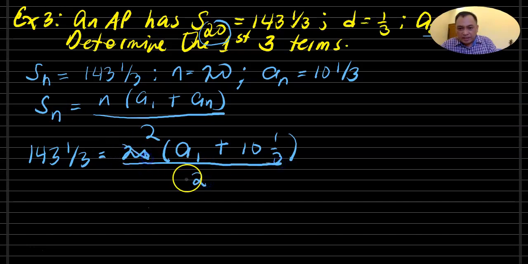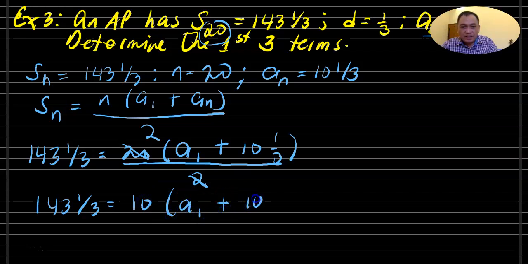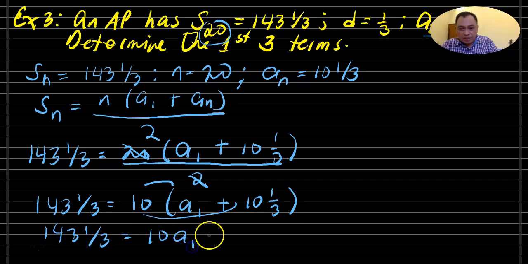Okay, cancel. So let's see. That's going to be 143 and 1/3 still, is going to become 10 times A1 plus 10 and 1/3. Okay, distributive property. Now we're going to have 143 and 1/3 is equal to 10A1 plus 10 times 10 and 1/3.